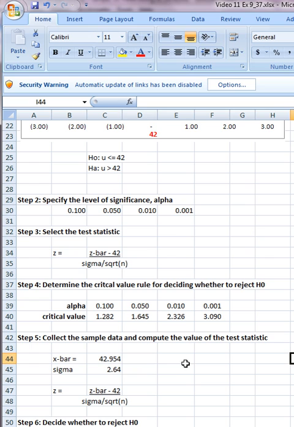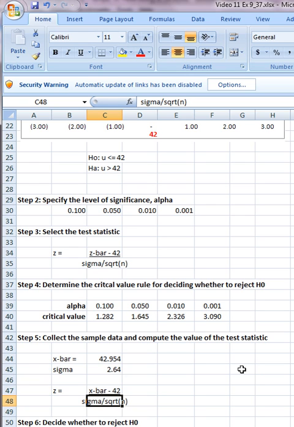Here's the formula. We take the 42.954, our x bar value, subtract from it 42, the assumed mean, and divide that by the standard deviation. Now, it's not just the sample standard deviation, of course. It's the sampling standard deviation, the standard deviation of the sampling mean.